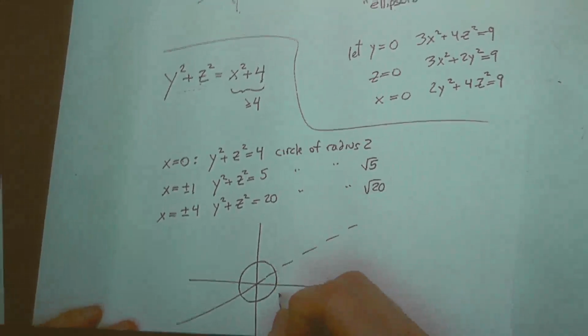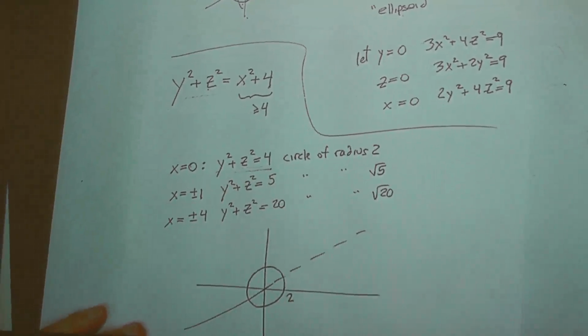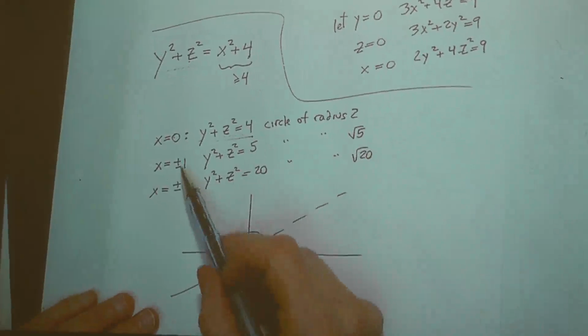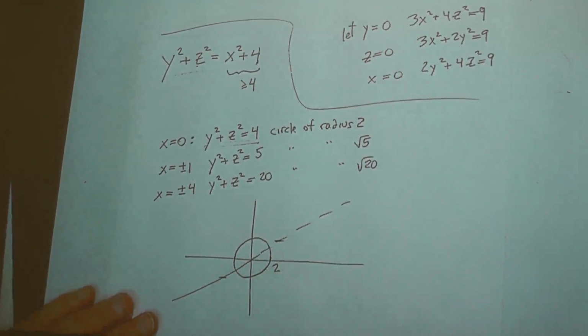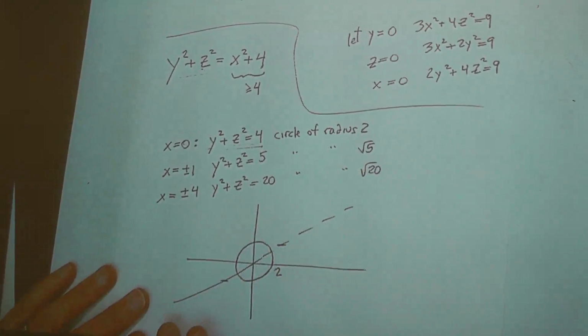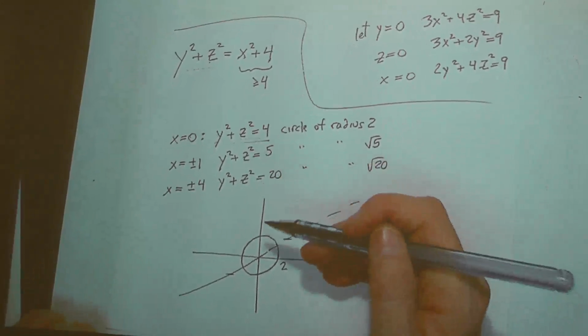So that's this guy. When I let x equal plus or minus 1, I come out from the x-axis, or go into the x-axis, 1 unit, in which case I get a bigger circle.